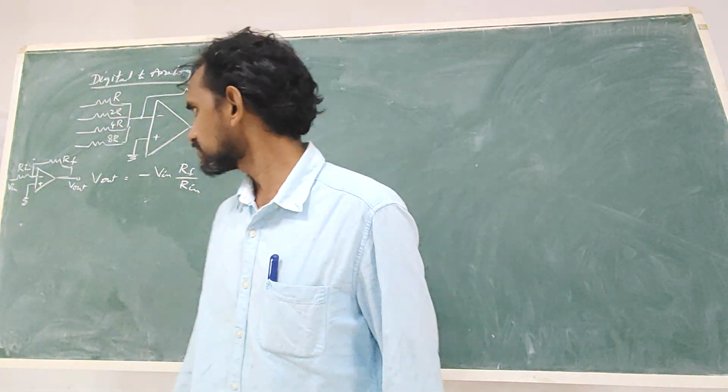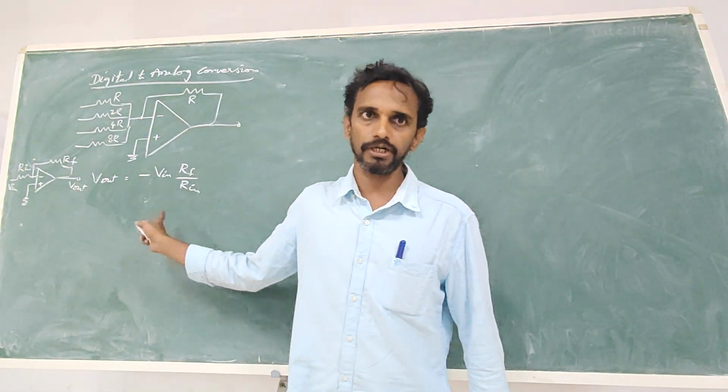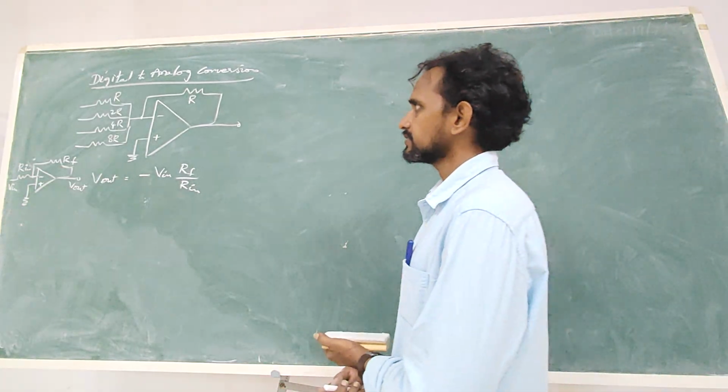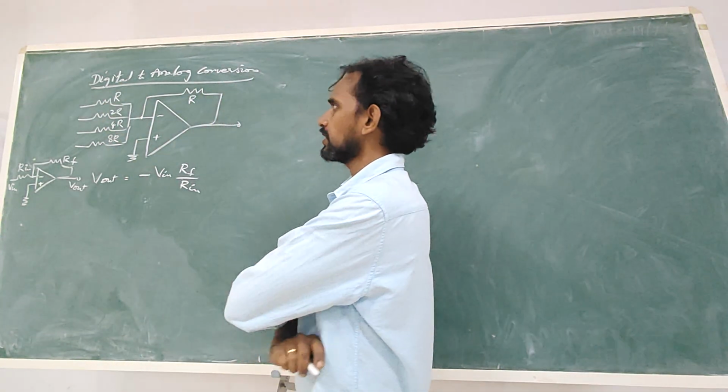The output voltage is minus RF by Rn multiplied by Vn. So we are using the same circuit and we are considering all the weight factors.